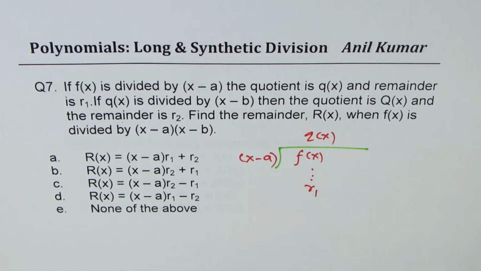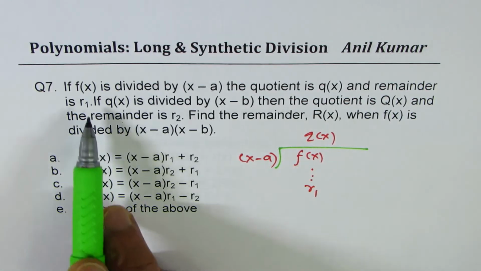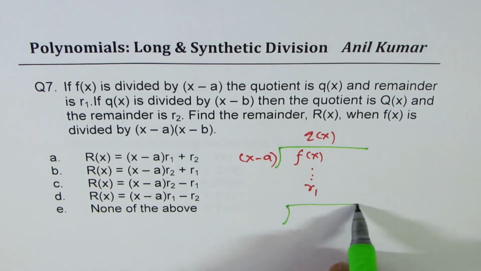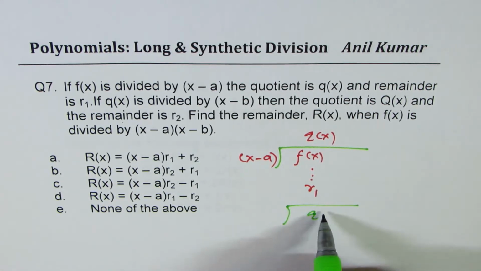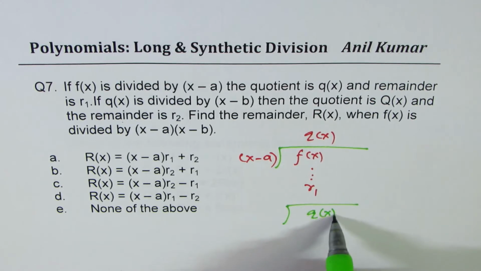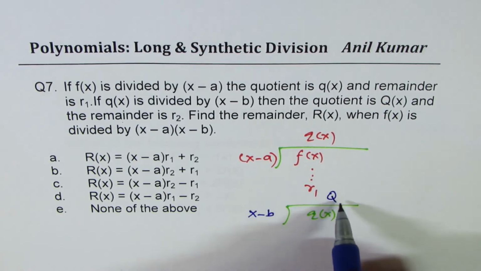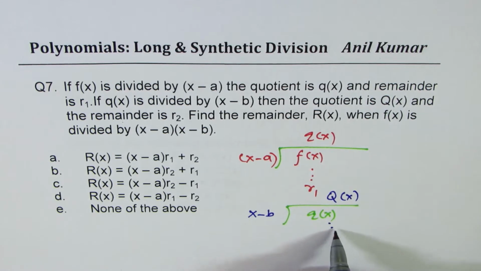This is first step, right? Then if q of x is divided by x minus b, that quotient is being divided by x minus b. In that case, you get the final quotient and some remainder r2.